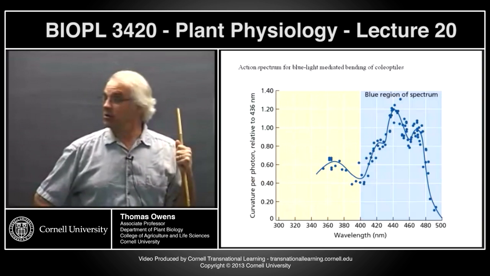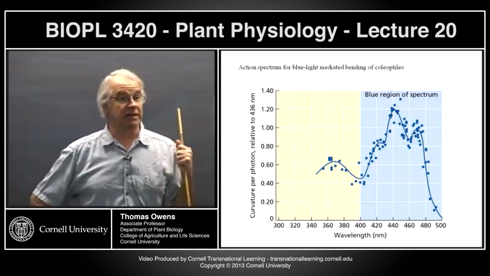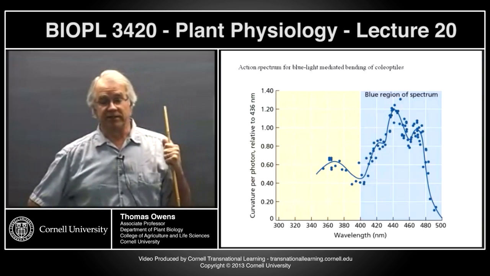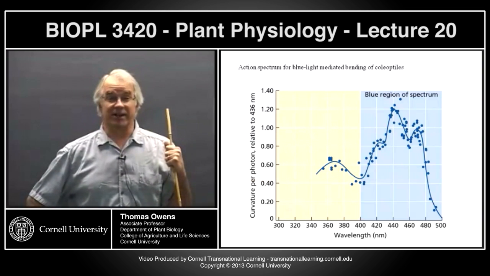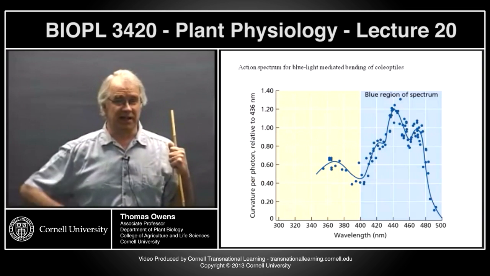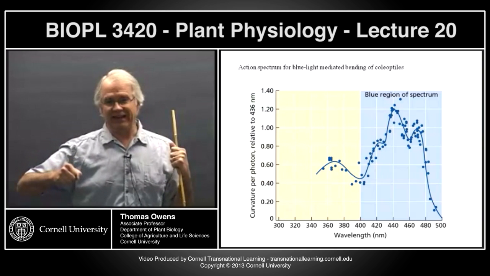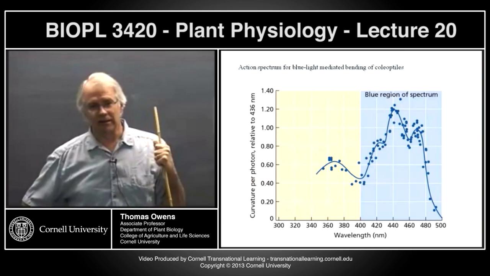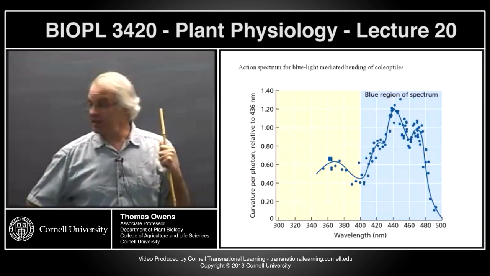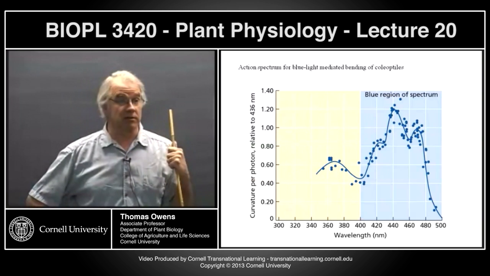But there are other molecules that have similar absorption spectrums. For example, flavins. Flavins, the place that you've encountered them is in the citric acid cycle. One of the enzymes, instead of being NAD, NADH, uses FAD, flavin adenine dinucleotide. So it functions similar to NADH. So they're flavins, and it turns out that coleoptiles tend to be rich in flavins.